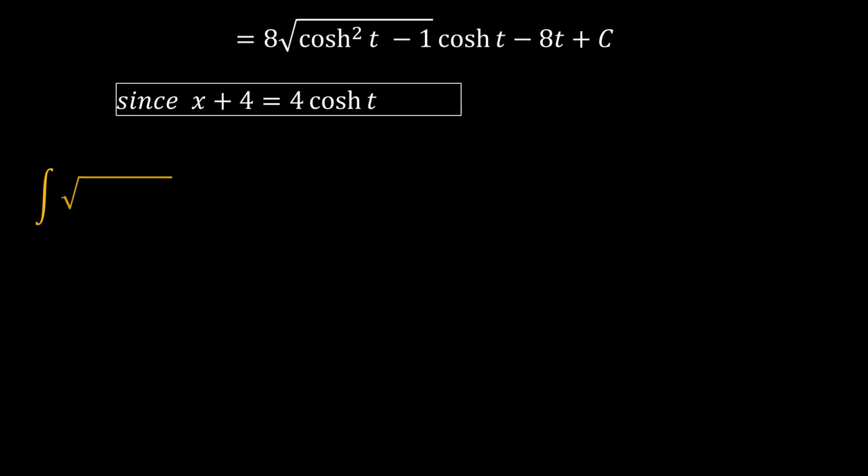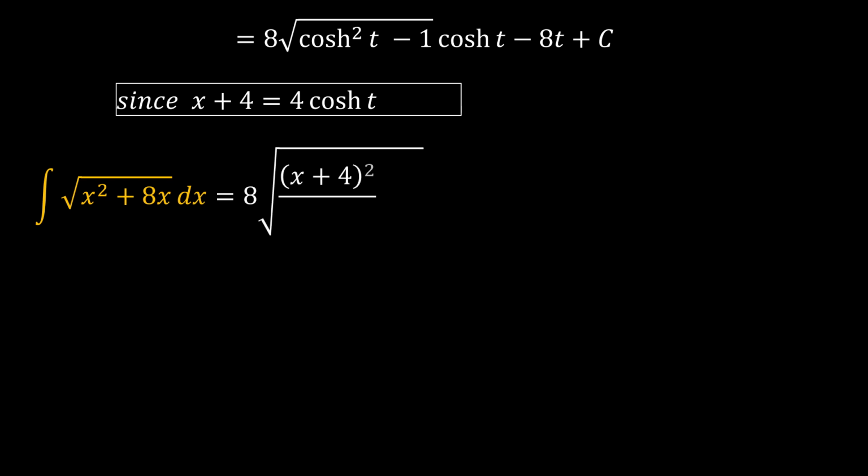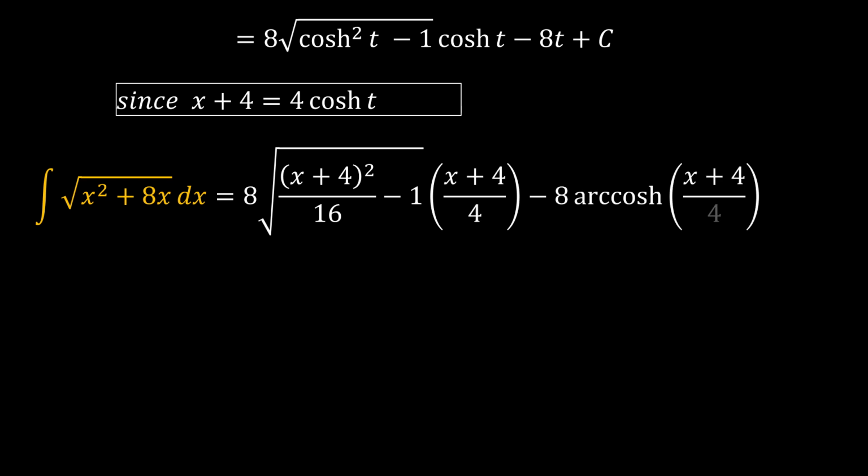So in place of cosh squared t we have 8 times the square root of (x plus 4) squared over 16 minus 1, and then in place of cosh t we have x plus 4 over 4, and in place of t we're going to have the arc cosh of x plus 4 over 4.